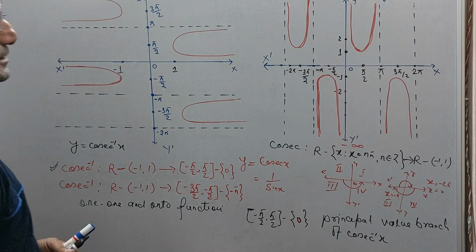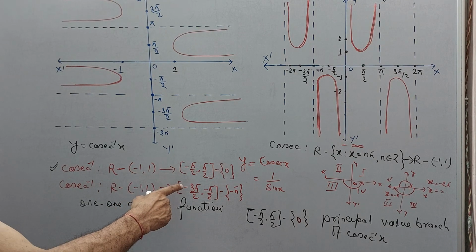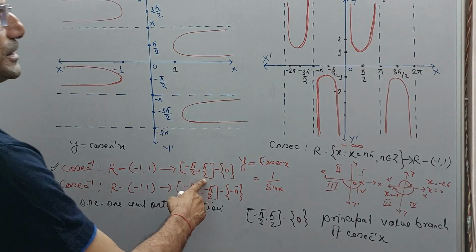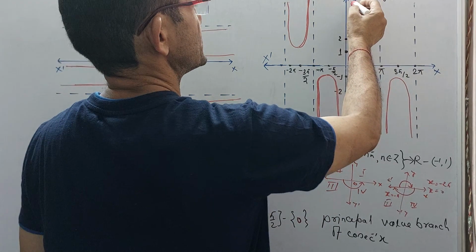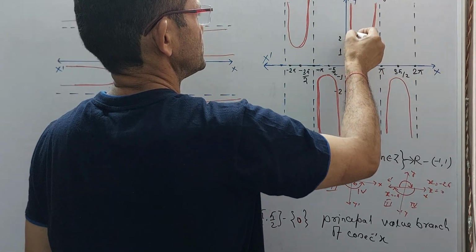So now again just some repetition for the principal value branch: the domain is minus pi by 2 to pi by 2 excluding 0. So here minus pi by 2 to 0, it means that it's a graph of this portion and a graph of this portion.